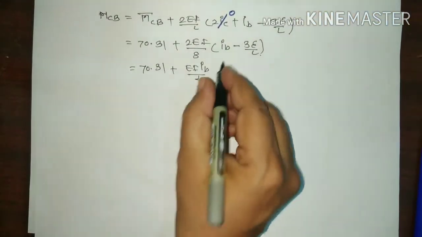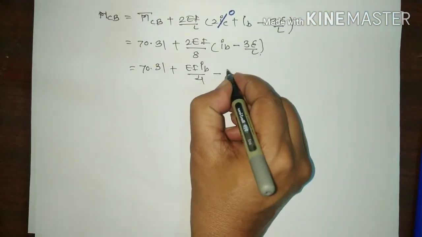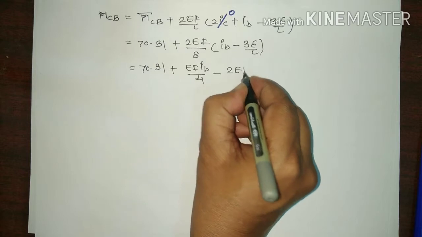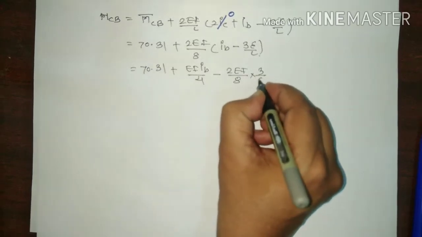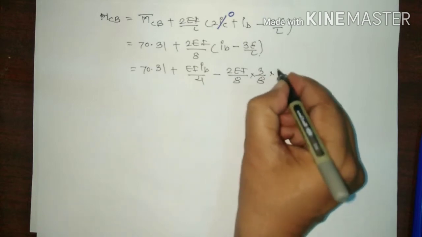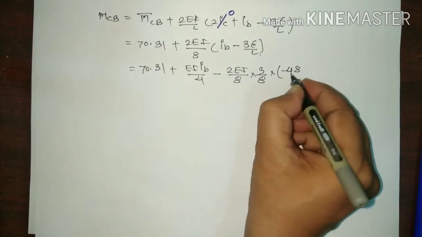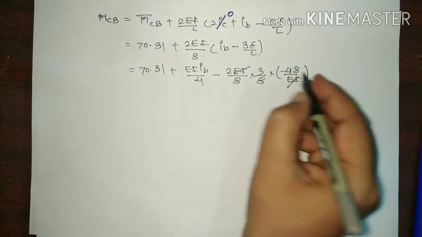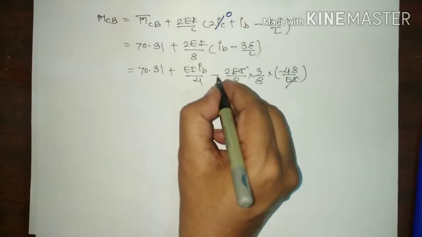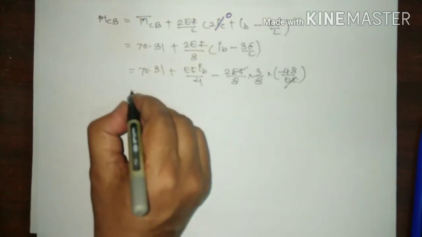Again we calculate here, minus 2EI divided by 8 into 3 by 8, L is 8, into minus 48 upon EI. So this value is always the same, this minus is plus, and this total value is 4.5.